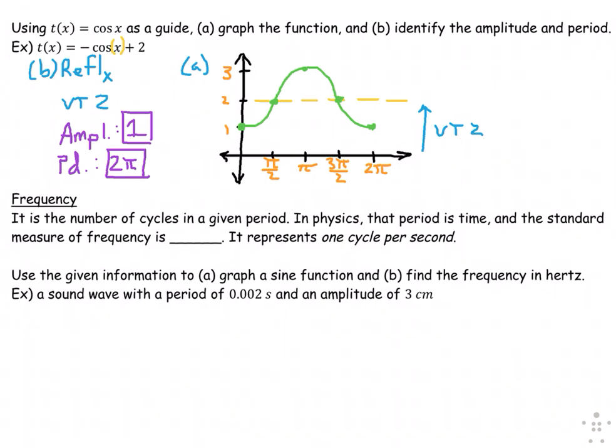Oftentimes, you need to talk about periodic functions happening more than once in a given period of time. This is known as frequency, and that's the number of cycles in a given period. So for example, this is 1 cycle in 1 period.